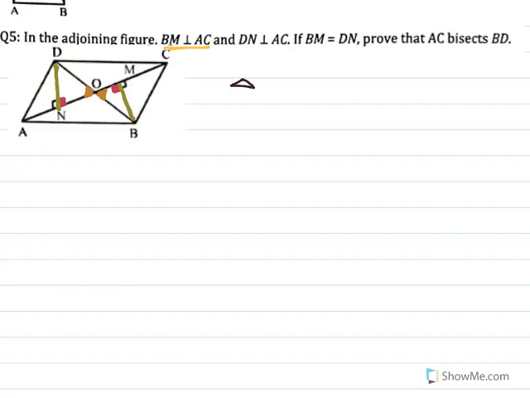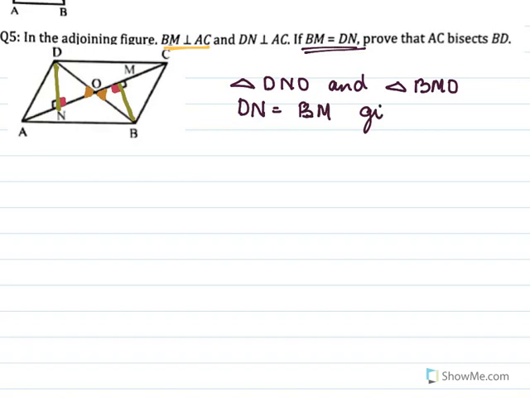So if you take up triangle DNO and triangle BMO, you will say DN equal to BM, and that is given here. Then we'll mark this 90, 90, two angles 90. So angle DNO equal to angle BMO equal to 90.